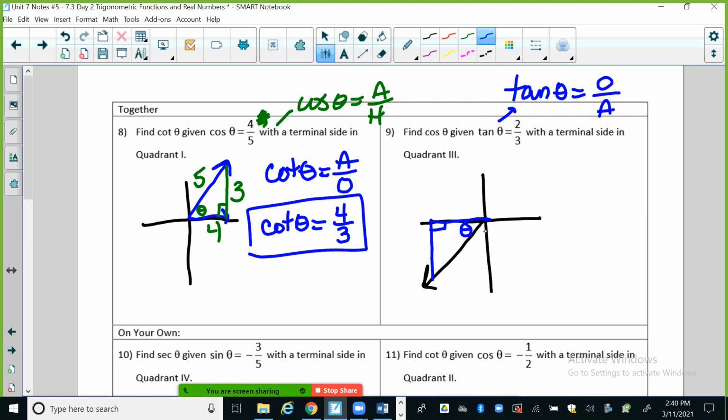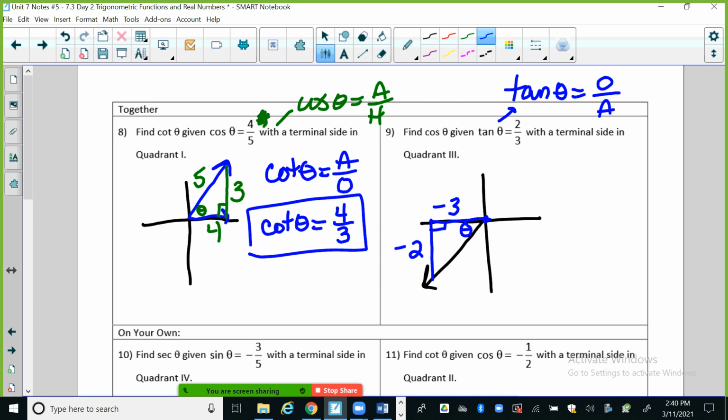So the side opposite is 2, and the side adjacent is 3. But since we're in quadrant 3, we actually have a -3 and a -2, because from my origin, I went left on the x-axis and down on the y-axis. So -x, -y.